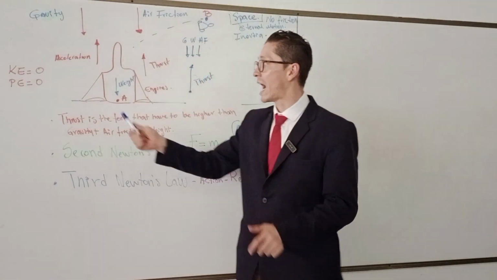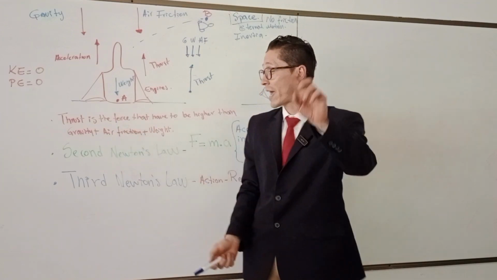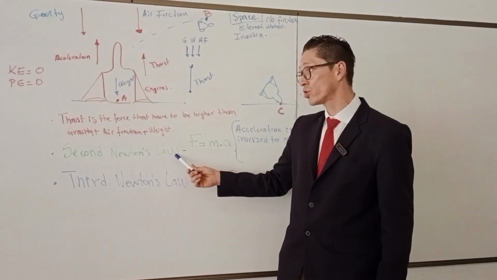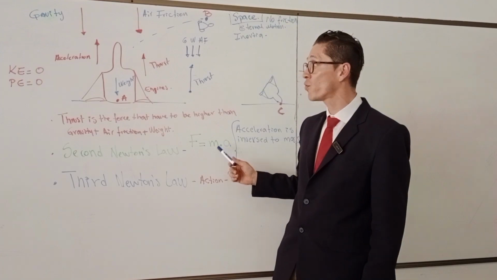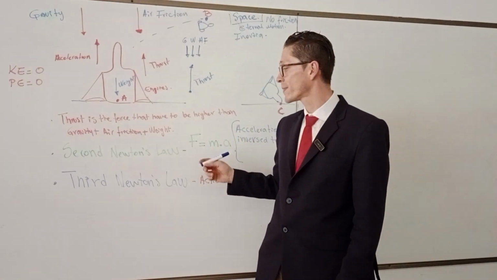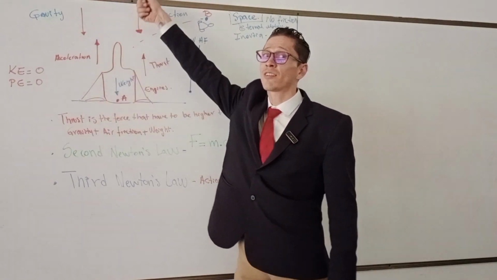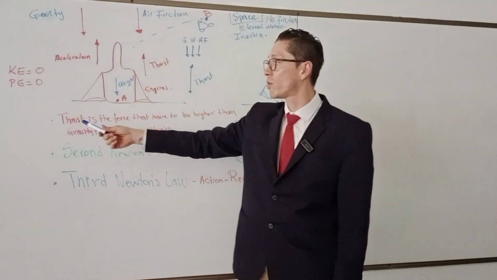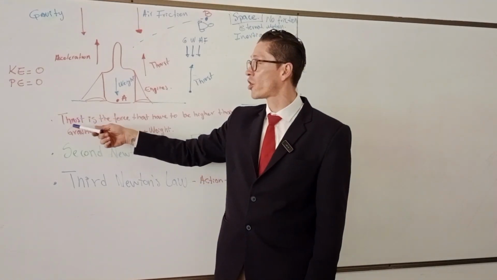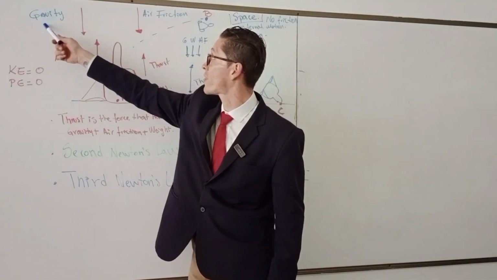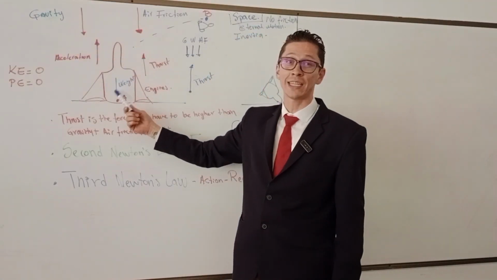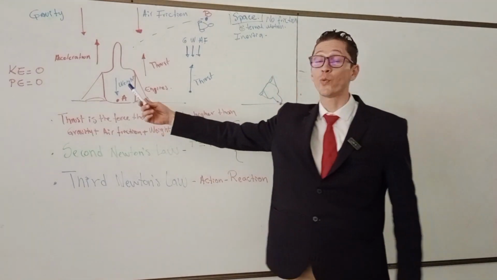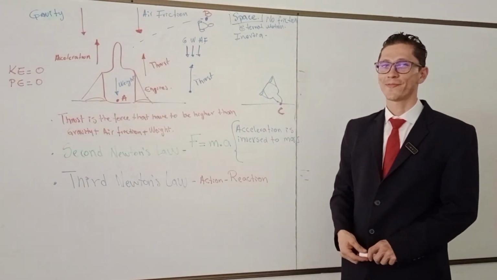At point A, we are applying two Newton's laws. The second Newton's law, because the acceleration will be inverse to the mass, and it will start accelerating, right? And the force is equal to the thrust, but the thrust must be higher than the sum of gravity, air friction, and its own weight, right?